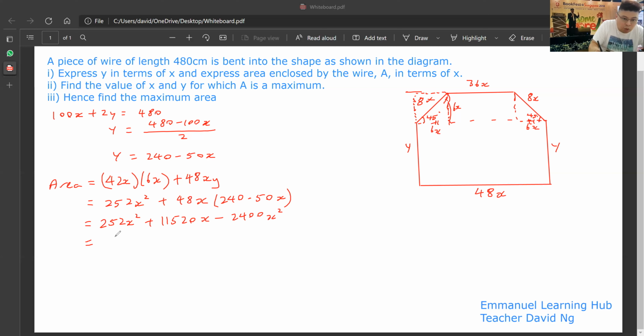So area is 11520x minus 2148 x square. So that's my area. Okay, express y in terms of x. Express area in terms of x. Done, huh?